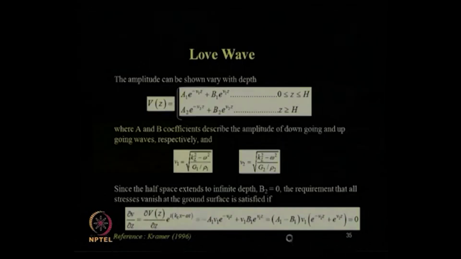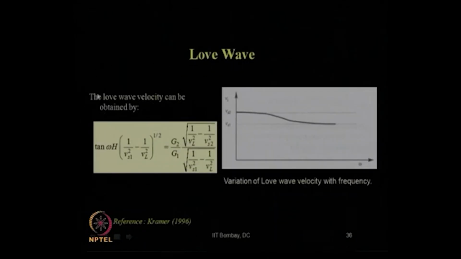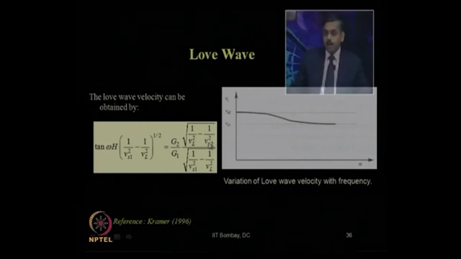Putting that in this expression, finally, this simple expression can be shown for the Love wave velocity. This VL is nothing but Love wave velocity, Vs1 is the shear wave velocity in the top surficial layer, G2 and G1 are the shear modulus in the elastic half space and surficial layer, and this Vs2 is nothing but the shear wave velocity in the half space or the second layer.